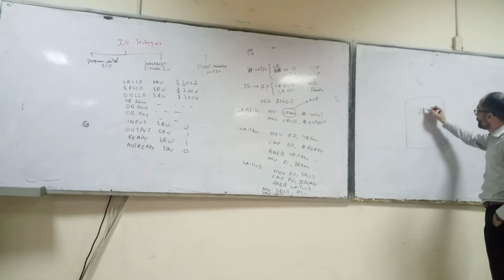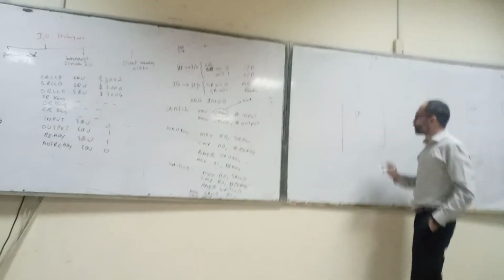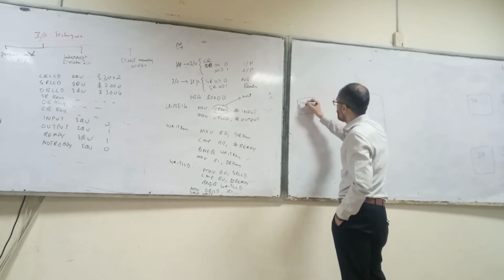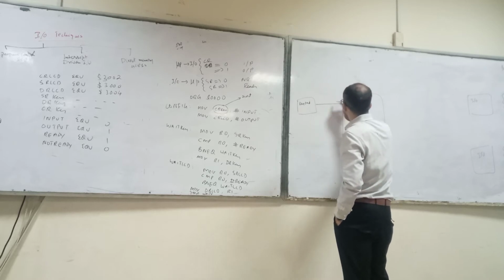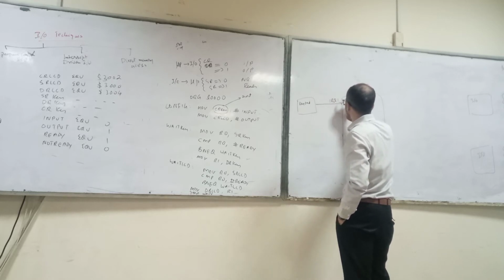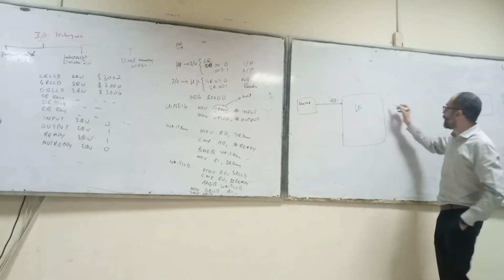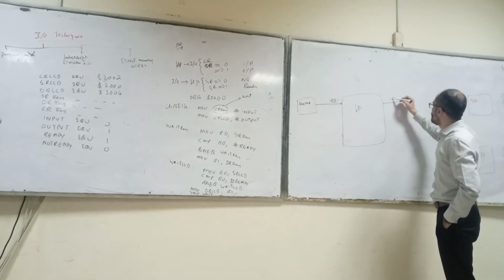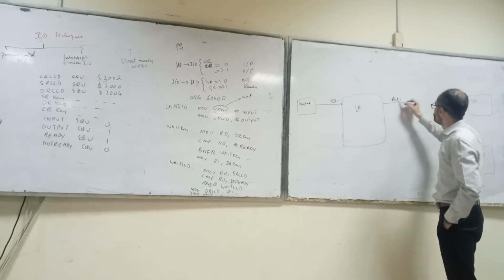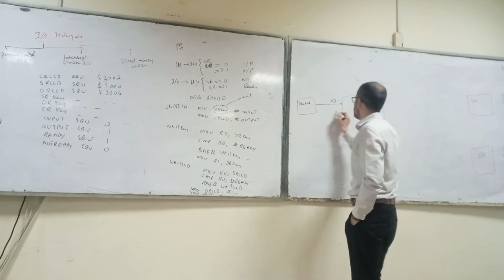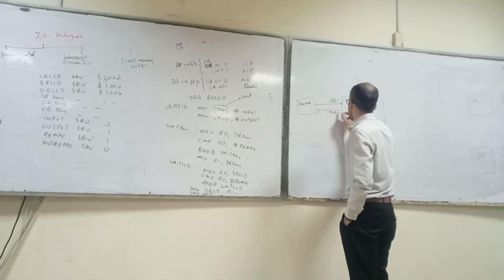Now you have a microcontroller, and you have a keypad, and this keypad is connected to IRQ1. IRQ1 is interrupt request 1, and interrupt acknowledge 1 goes to the microprocessor.